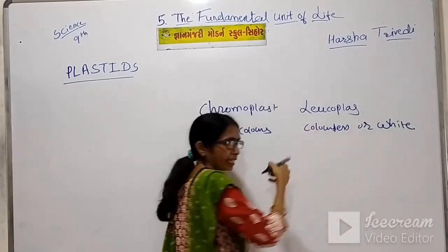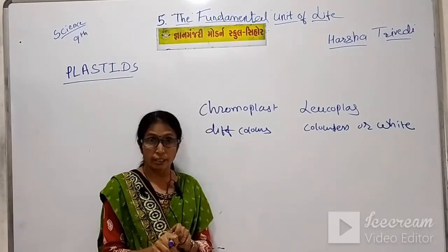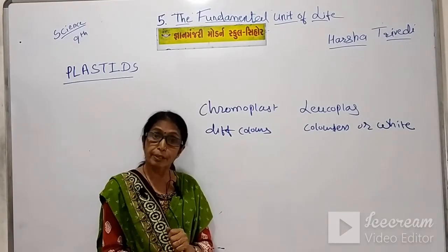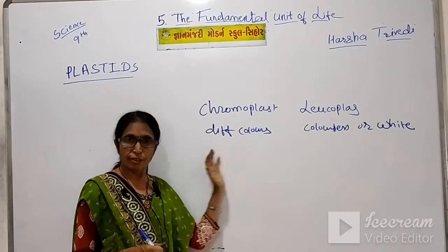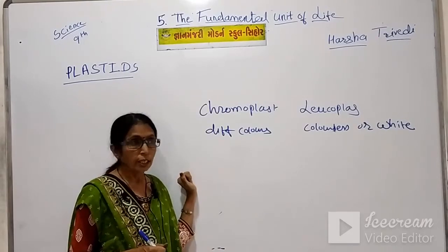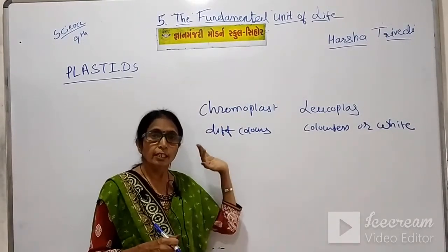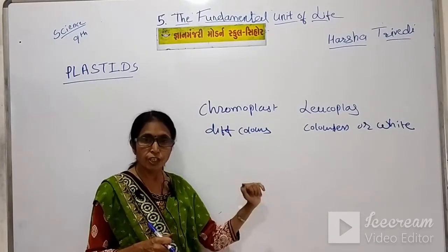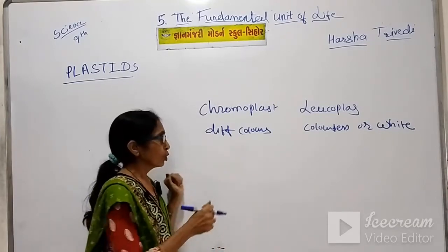We have discussed some points about plastids in the previous period. Today we will have detailed information about plastids. First of all, we will see the structure and function of plastids and then we will write a note on it.